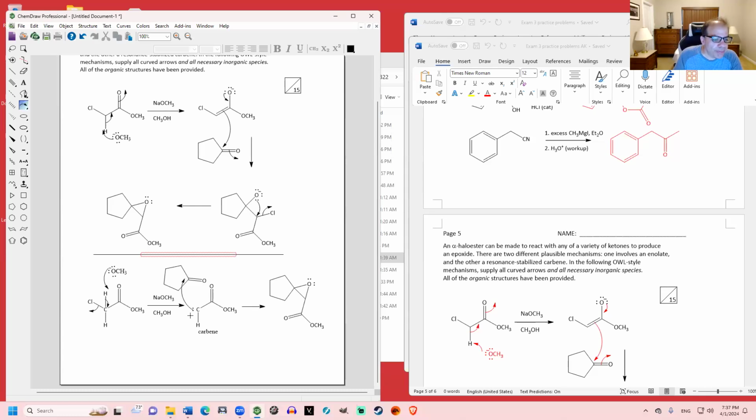They need to get rid of that lone pair, and they also need another electron pair from somewhere to form a bond, because it wants to have 4 bonds. And so the carbene attacks the carbonyl carbon, and the electrons between the carbon and the oxygen stay attached to the oxygen and form a bond to the formerly carbene carbon.